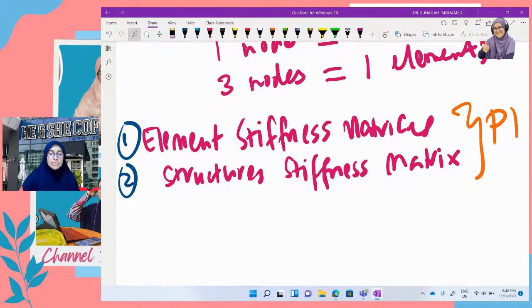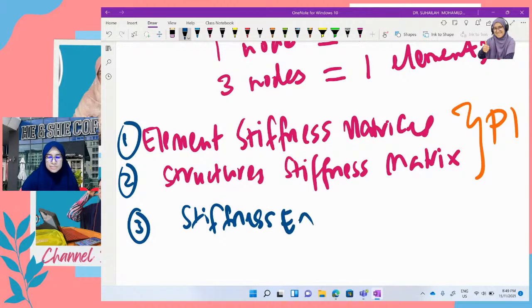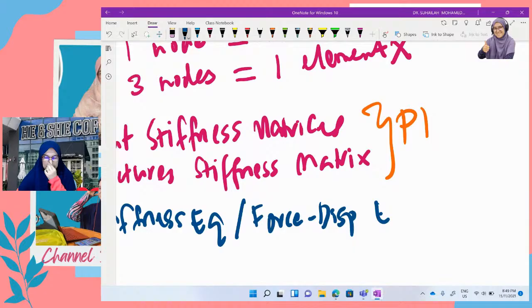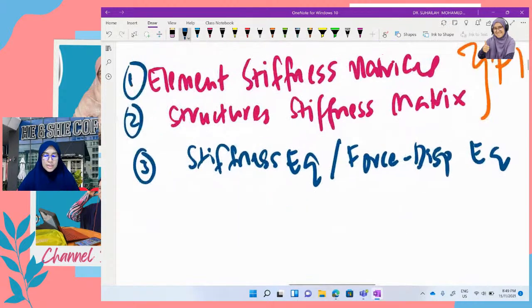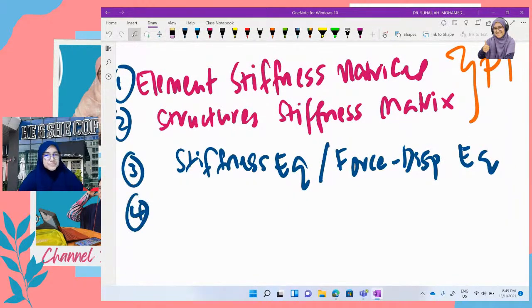And for part 2, we will continue to apply the stiffness equation or force displacement equation, and then we will calculate the unknown displacement.